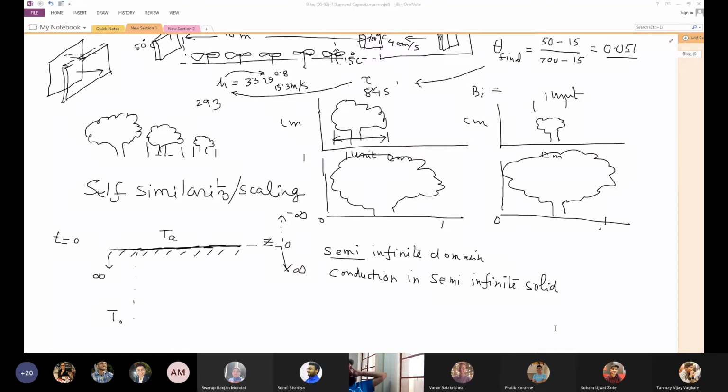No need to apply any hi-fi knowledge. Just use your intuition: if suddenly one surface is exposed to a temperature, how will the thing respond?